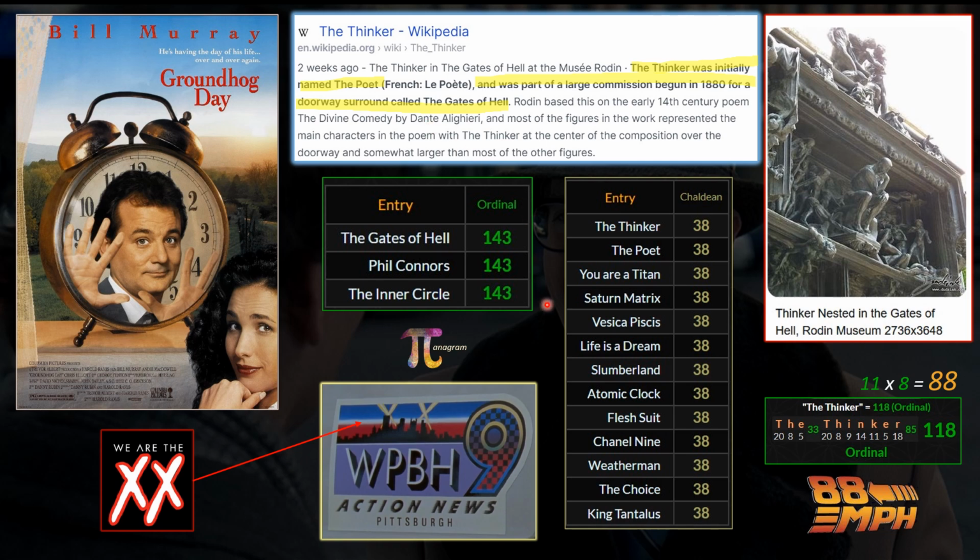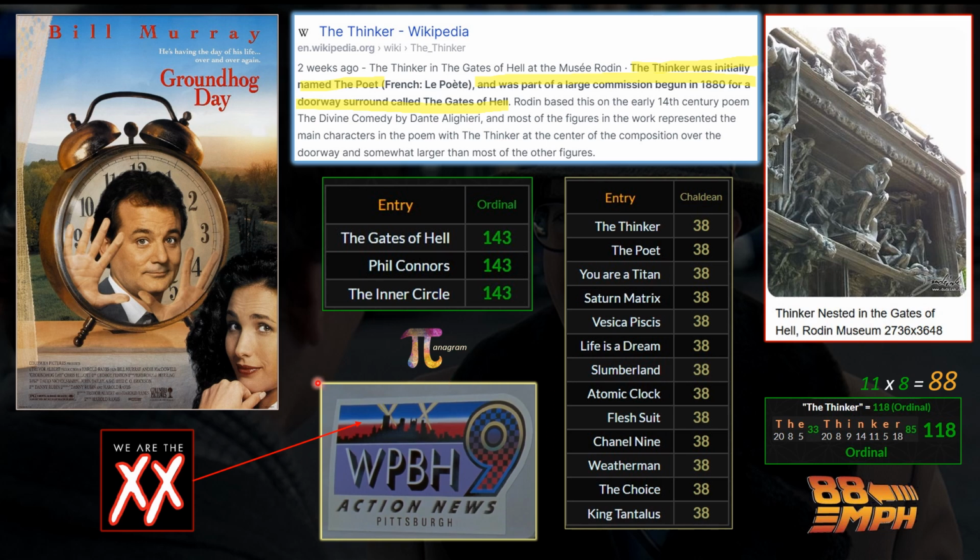The Thinker as well is a 38 in Chaldean, which matches the Poet, which was its original name, also matching You're a Titan, the Saturn matrix, Vesica Pisces, Life is a Dream, Slumberland, Atomic Clock, Flesh Suit, Channel 9, Weatherman, The Choice, and King Tantalus, who we'll see later on in this decode.